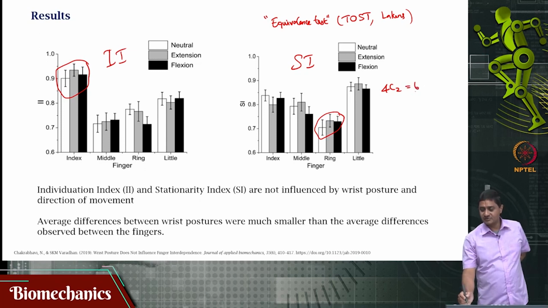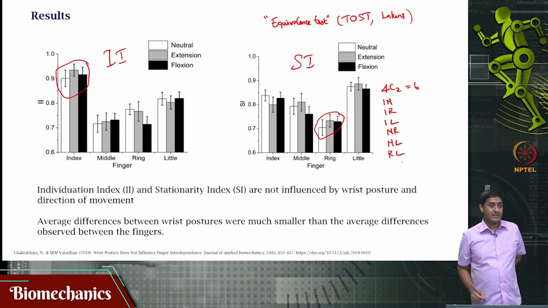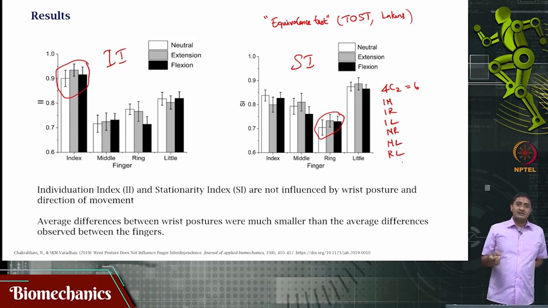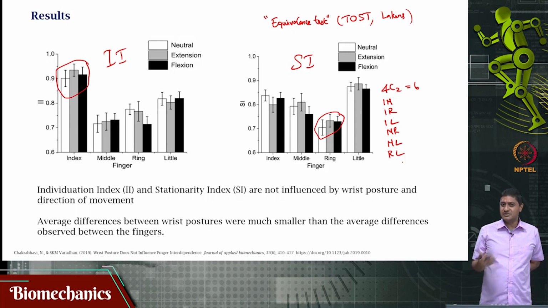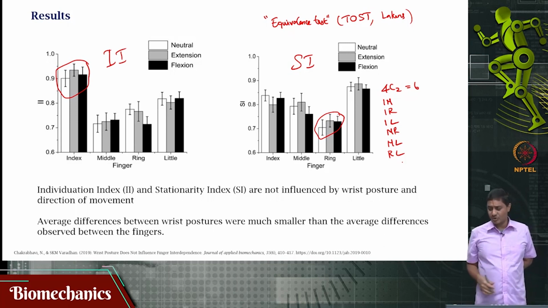What are the 6 possible combinations? Index middle, index ring, index little, middle ring, middle little, ring little. And I compare the enslavement, essentially either the individuation index or the stationarity index or perhaps even both, between these two fingers. Okay, index and middle, index and ring, index and little, middle ring, middle little and ring little, and I find the average difference between these two fingers.